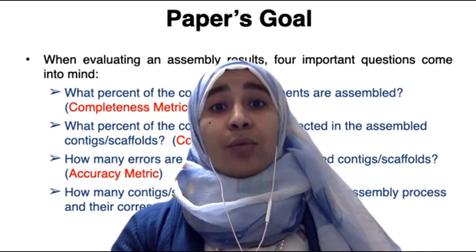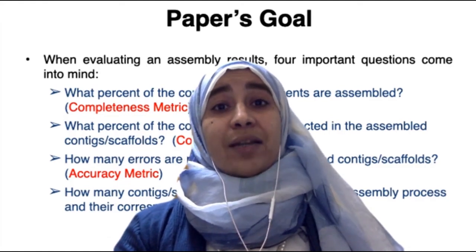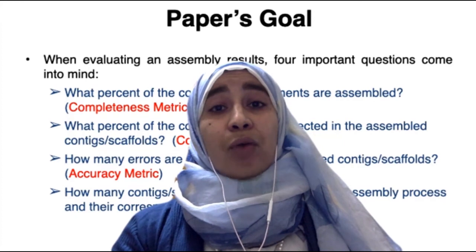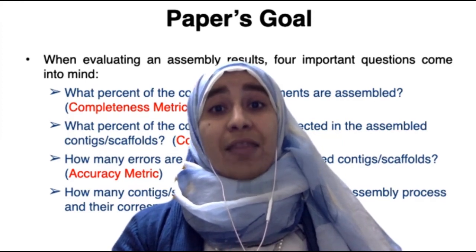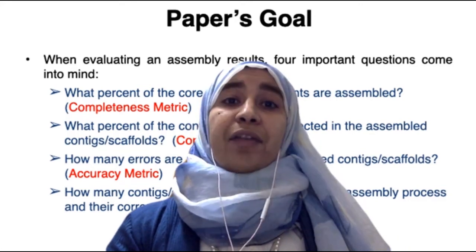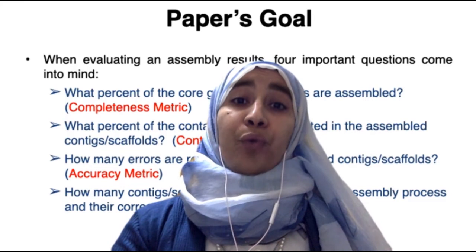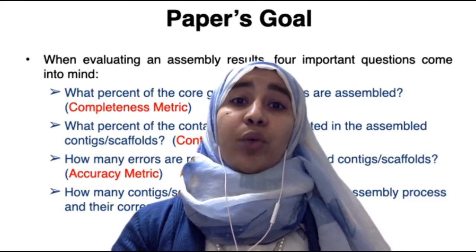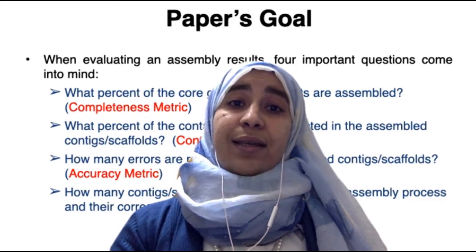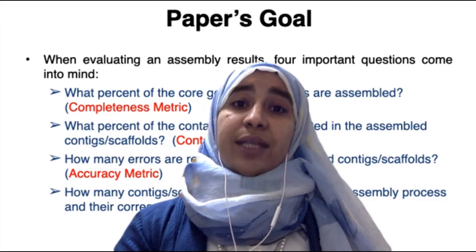Third, how many errors are detected in the final assembly results? And finally, how many contigs or scaffolds resulted and what are their corresponding lengths? These four important questions shape four important assembly evaluation metrics, which are accuracy, completeness, contamination, and contiguity.